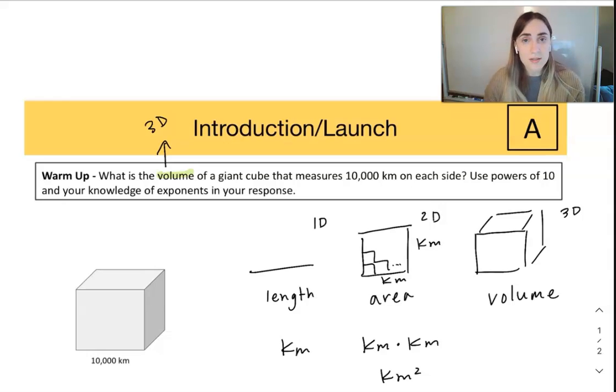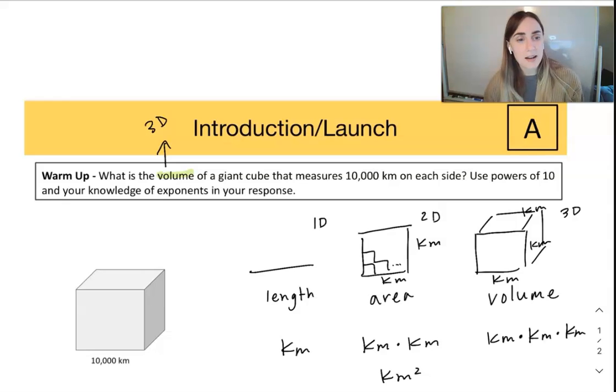For volume, since we're looking at a 3D shape, we would need three lengths. Okay, we would need to know kilometers, kilometers, and kilometers. So we would be multiplying those three lengths and measuring the inside of that shape with little tiny cubes. So we would end up with cubic kilometers.